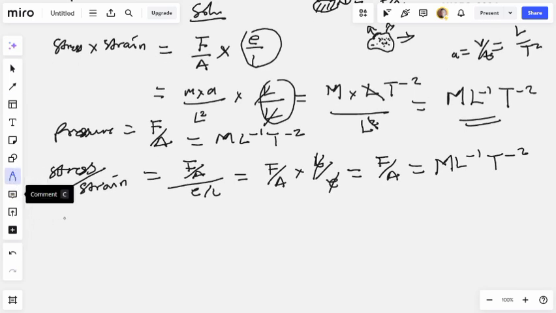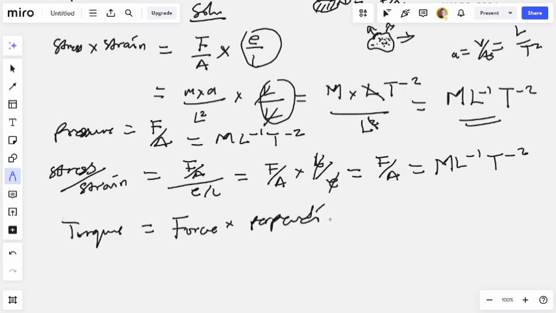So if you define torque, torque is defined as the product of force times perpendicular distance. Force times perpendicular what? Distance. Which is what? F times L.